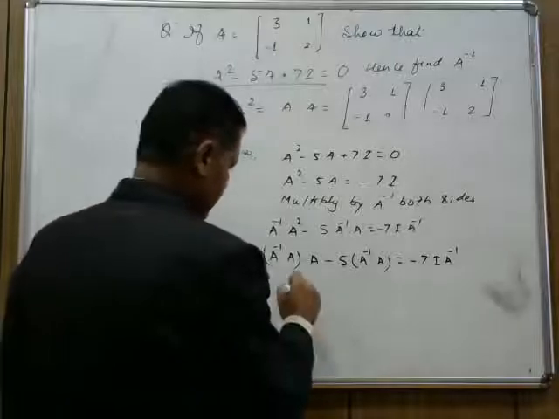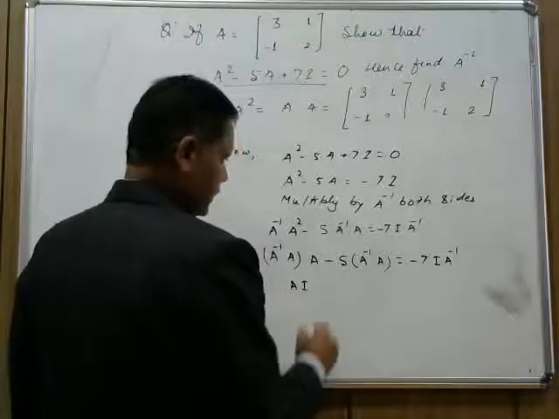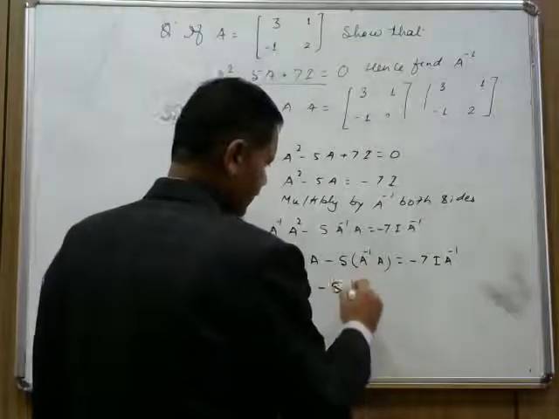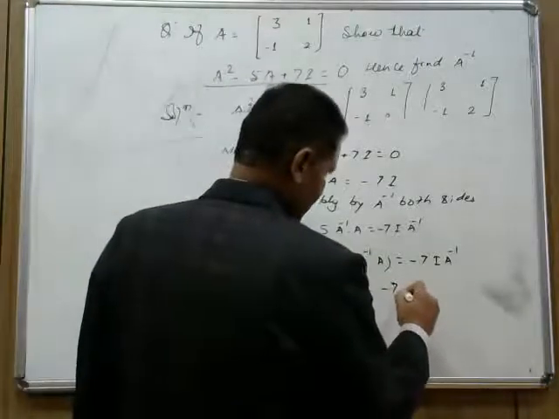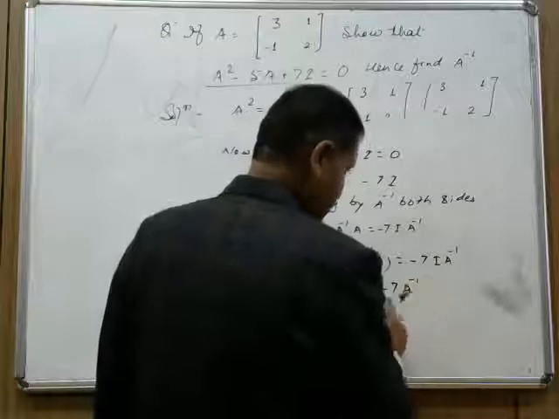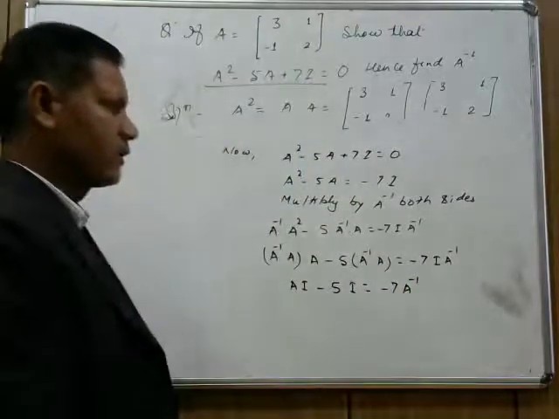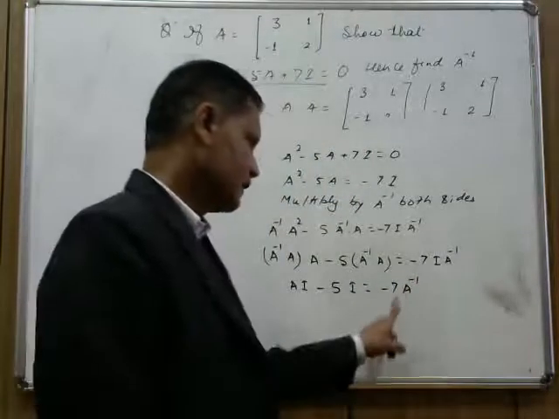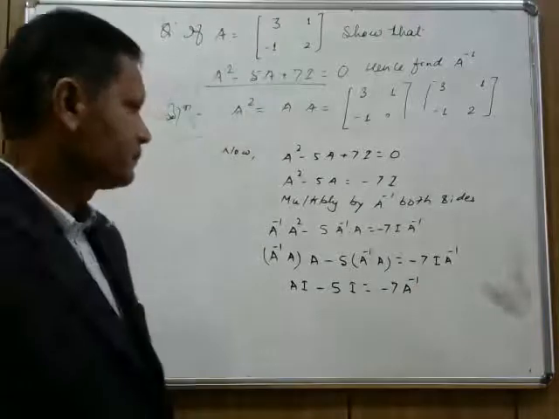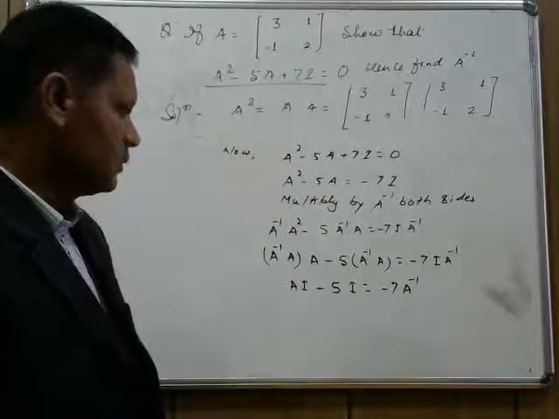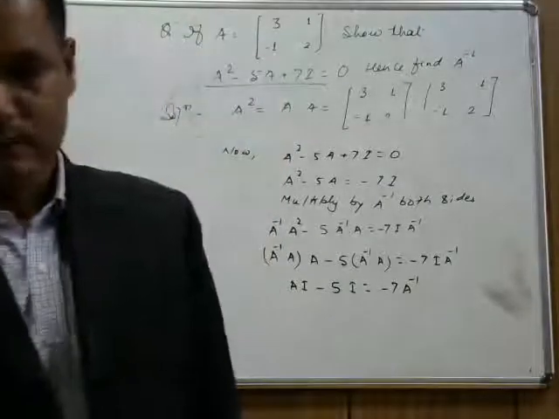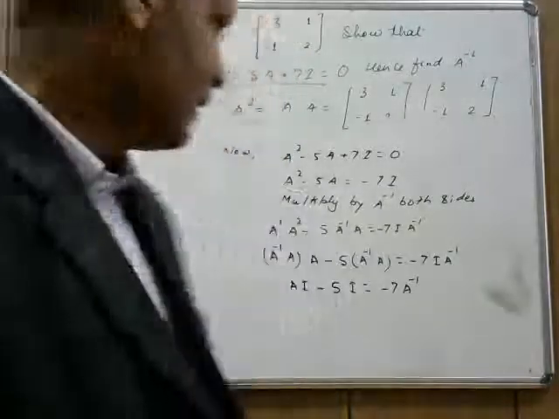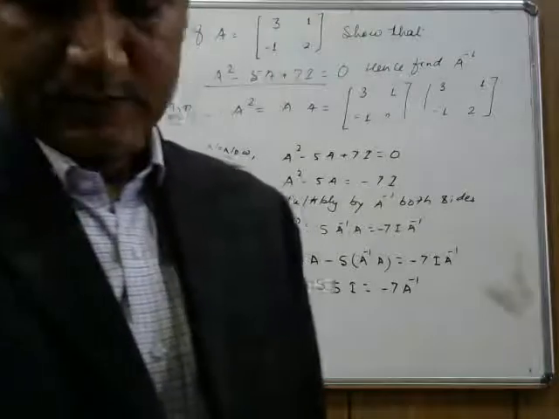I. That's when I get here AI minus 5I is equal to minus 7 A inverse. Can I write? Because here we have I A inverse, and I is the identity matrix, that's why I can write A inverse. Yes or no? So now we have AI minus 5I is equal to minus 7A inverse.